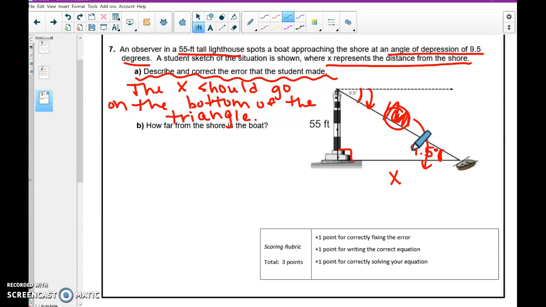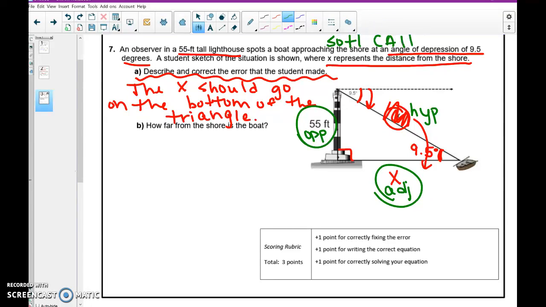If this is my angle, this is the opposite side, this is the adjacent side, and this is my hypotenuse. There's a 55 and an X here. So if I think about my TOA, opposite adjacent means I'm going to use the TOA, which is tangent.